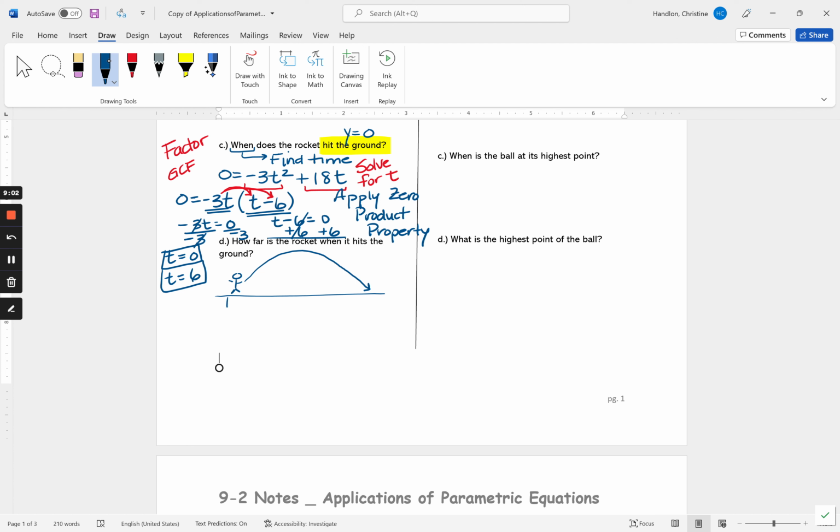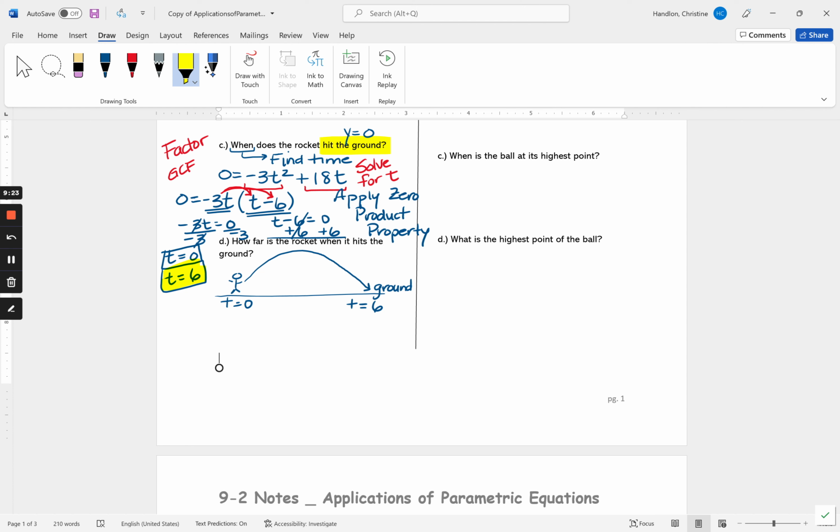The rocket started off at t equals 0 seconds. It launched and then eventually it lands on the ground. This is what we're looking for, and it landed 6 seconds later. So the answer that we are looking for is t equals 6 seconds.